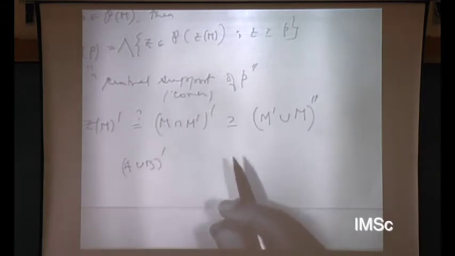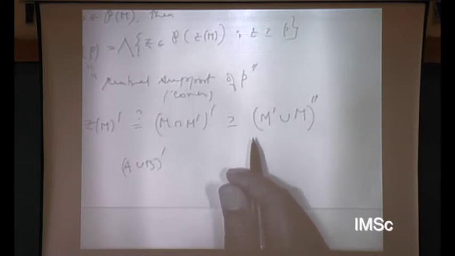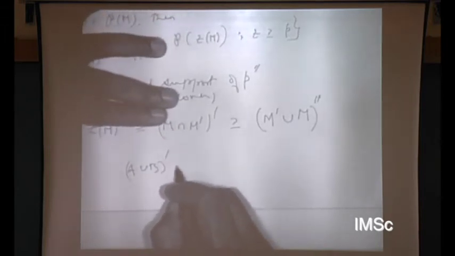It must commute with everything in A union B, that is, with everything in A and with everything in B. So this is exactly A prime intersect B prime.